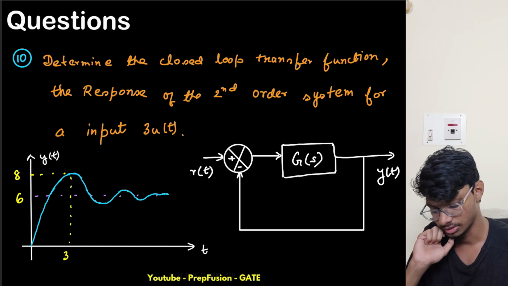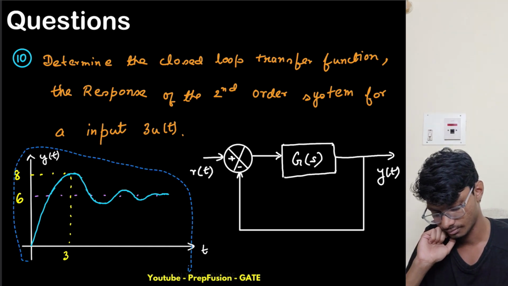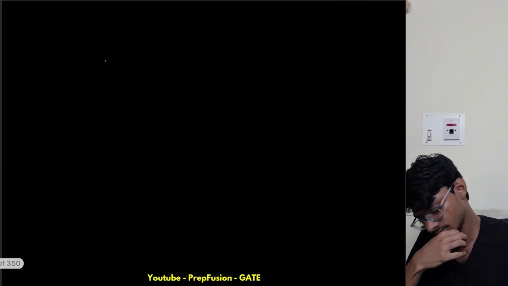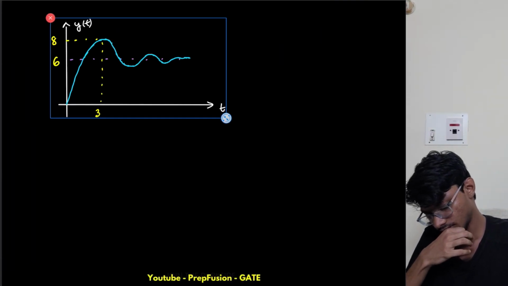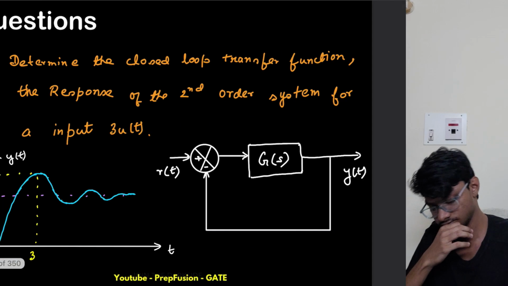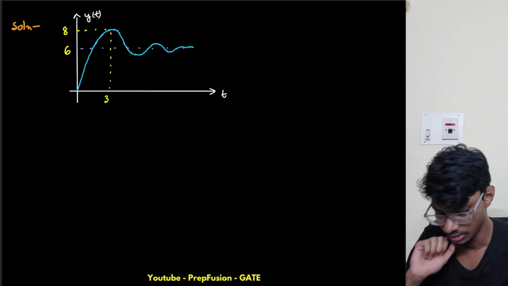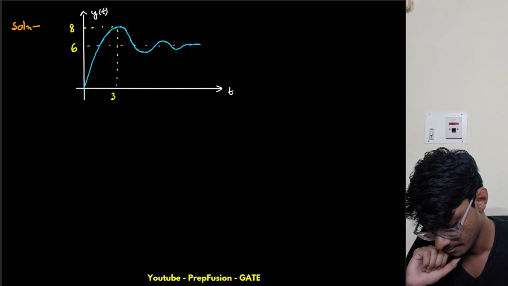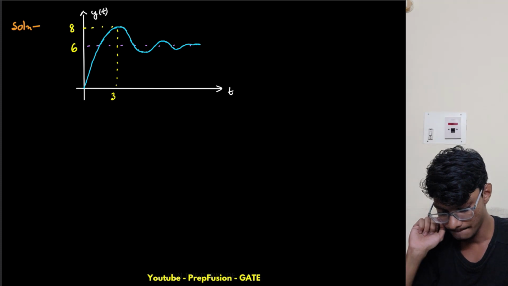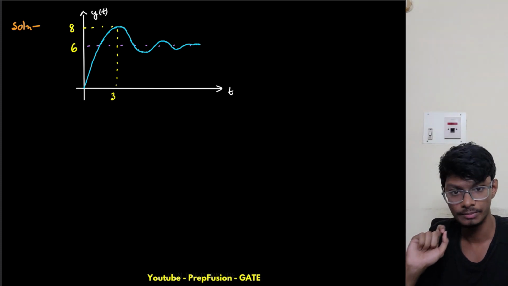Okay, so let me copy this graph. If I copy from this graph, what do I get? What is my peak time here?